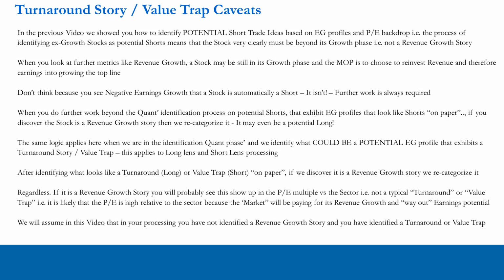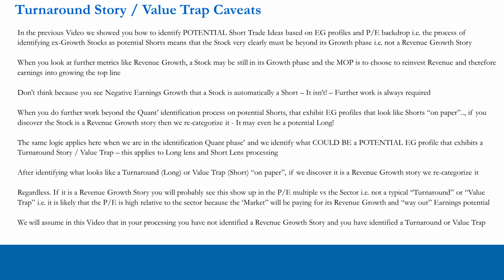We have our classic earnings growth profile setups for short ideas. We have our ideal and we have our non-ideal. And we also have our phases for short ideas. So phase 1, 2, 3, 4, and 5. And we also have our categories of turnaround stories and value traps. So typical earnings growth profiles of turnaround stories and value traps.